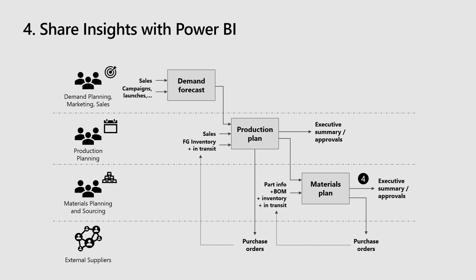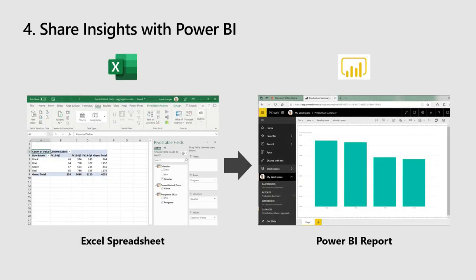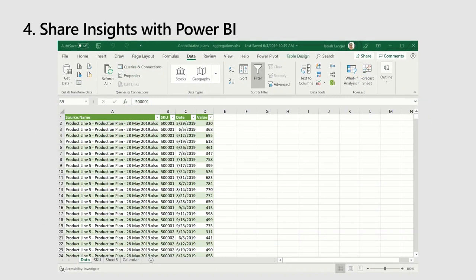Now it's scalably sharing it out to everyone else. So how do we get from this data model that I already have in Excel into a report or a dashboard that I can share out with the broader organization and get everybody self-serving with BI?